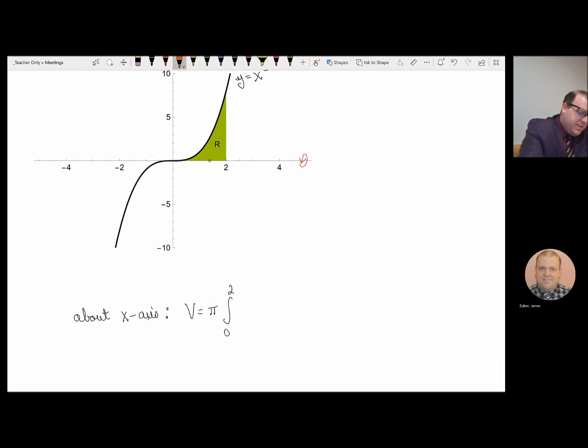Right, so our radius, again, remember radius is the distance from the axis of revolution to the end of the region, so just to the curve. So just x cubed in this case, right?